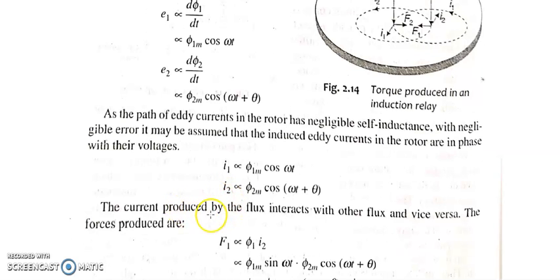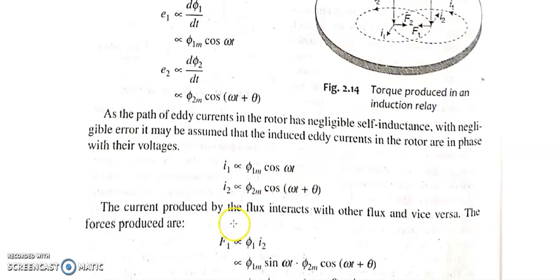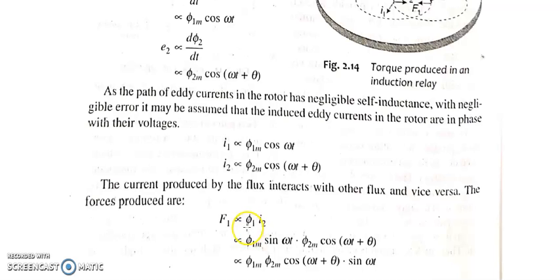Now, the current is produced by the flux: flux to voltage and voltage to current. Therefore that leads to forces F1 as well as F2. F1 is due to the flux of one alternating quantity and the current of the other. What I'm trying to say is F1 is proportional to phi1 into I2.